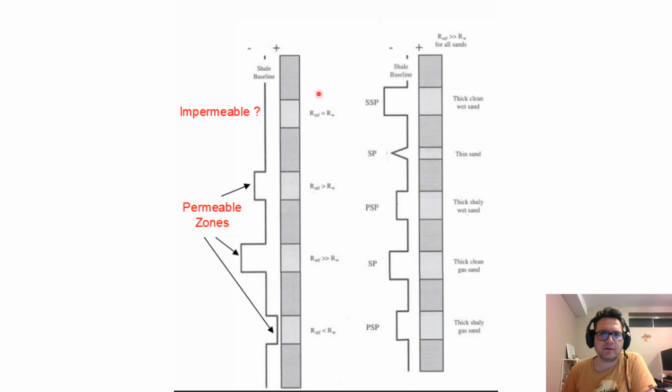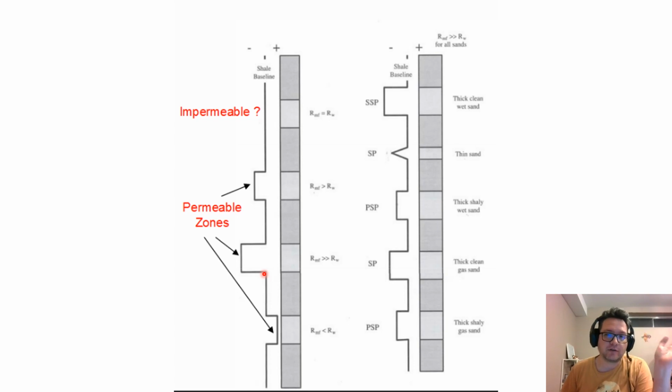So if the resistivity of the mud equals the resistivity of the water in the reservoir, we will have no response whatsoever. If the resistivity of the mud is a little higher than the resistivity of the water, we're gonna have a small response. If it's too high in relation to the resistivity of the water, then the response will be higher.